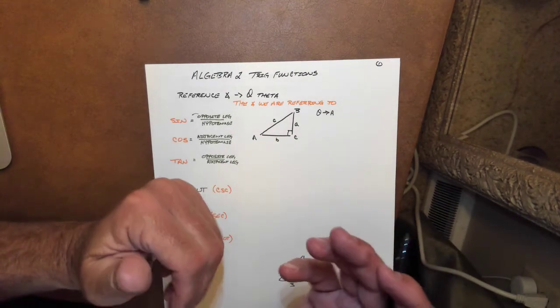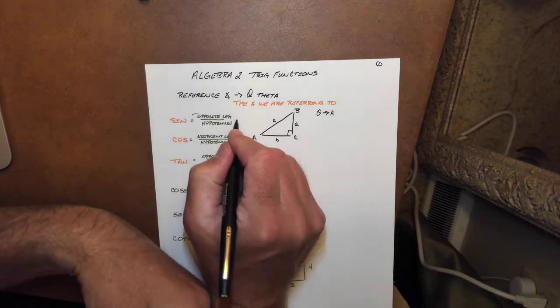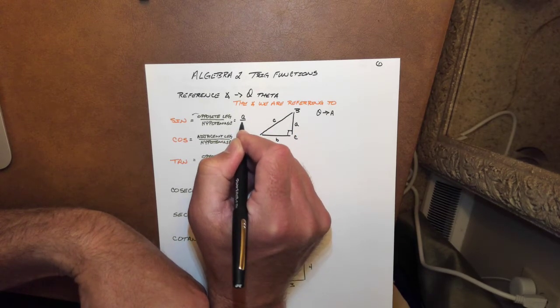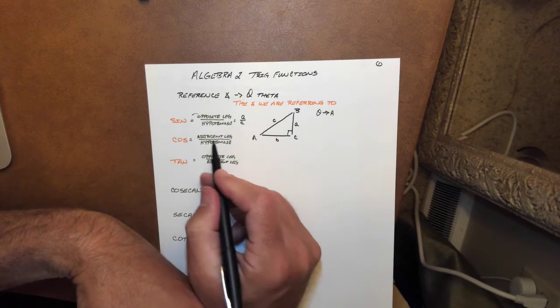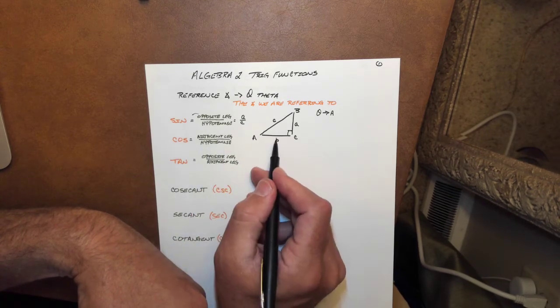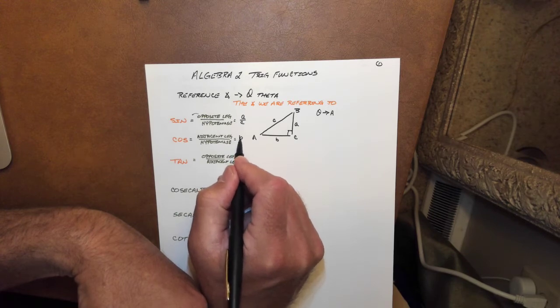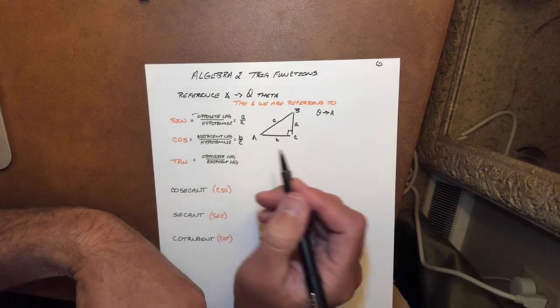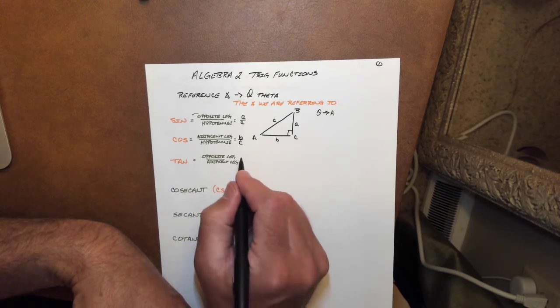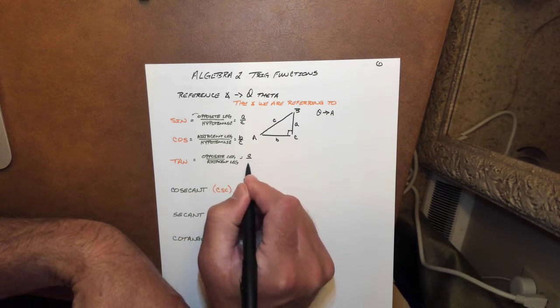They match up in a table, if you will. They correspond with each other. So that's opposite leg A over C. Using our same reference angle, if we wanted to do cosine, that would be adjacent leg B over C, hypotenuse. And if we needed to find the tangent, then that's going to be opposite, in this case, A over B.